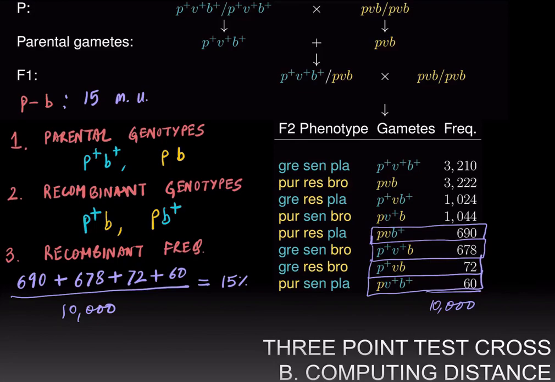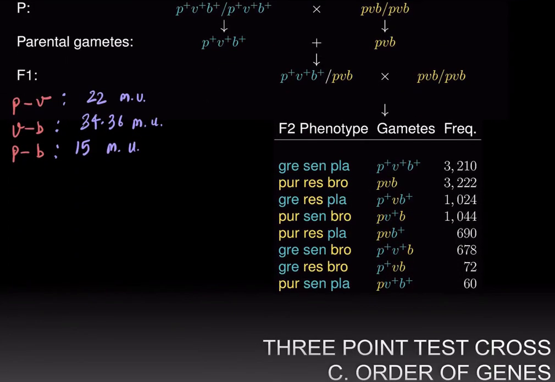Now that we have the distances between all three pairs of genes, we can use that to find out in what order they lie on the chromosome. And clearly, VB are the farthest apart. And so if we had to draw a map of the chromosome, it might look something like this.